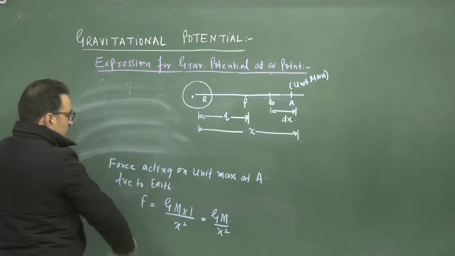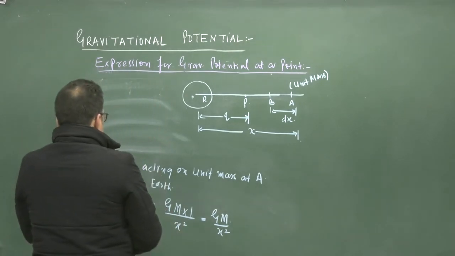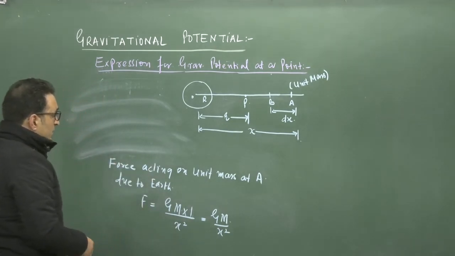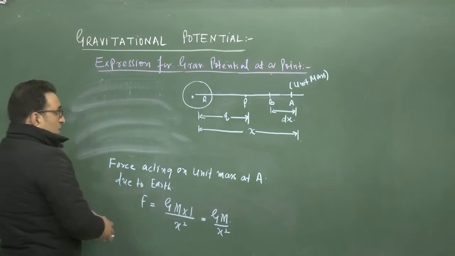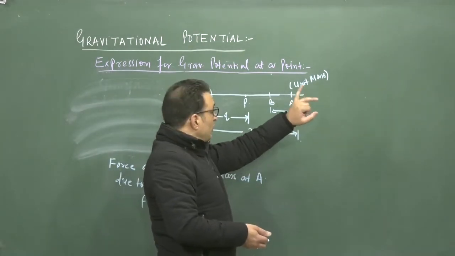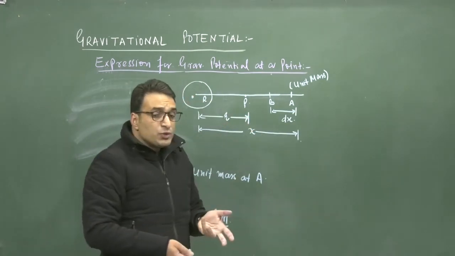This is the force acting on the unit mass at point A due to earth. This is actually the gravitational force. Now since we need to move the body of unit mass from infinity to given point, for that we need to do work.